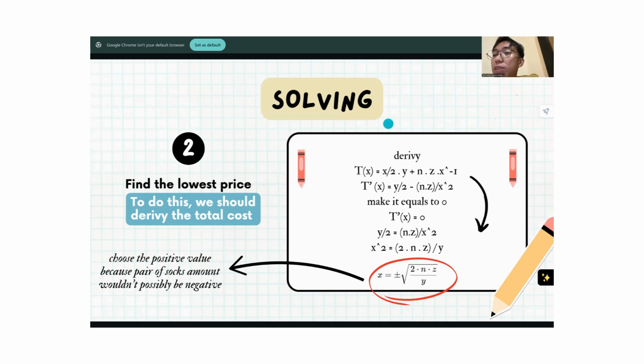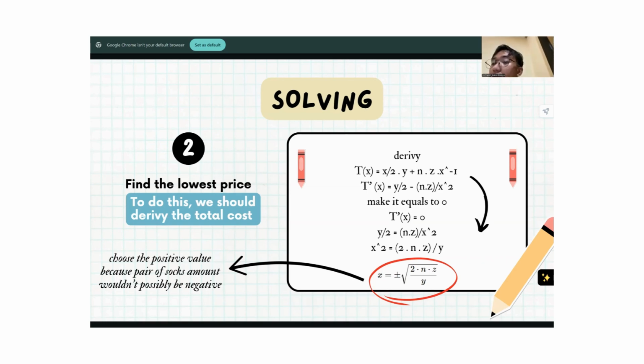T equals X divided by 2 times Y plus N times Z per X. The derivative of T will be Y divided by 2 minus N times Z per X squared. We set it equal to 0.